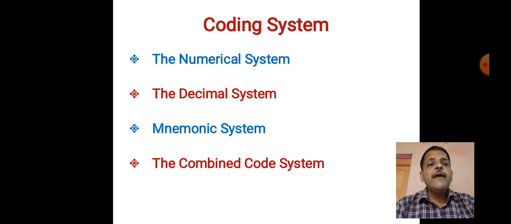Another, RM3: RM means repairs and maintenance and 3 means say plant. Here we have the mnemonic system as well as the numerical system, so we are taking a combination of both. Such coding is called combined coding. So when we say coding system, we have four methods: numerical system, decimal system, mnemonic system, and combined code system.